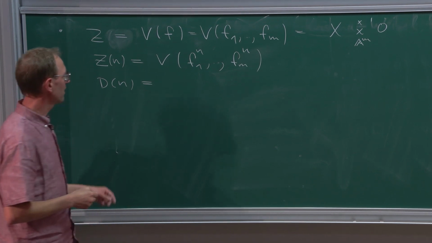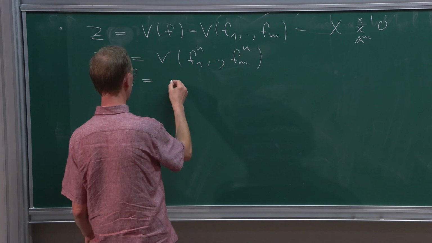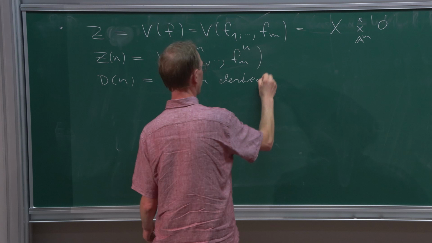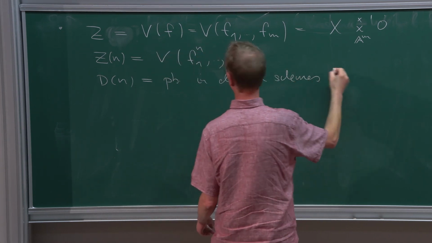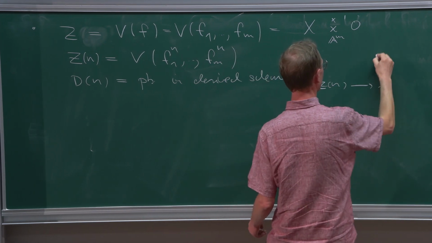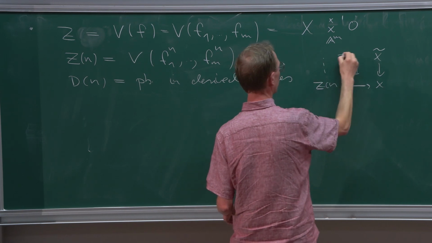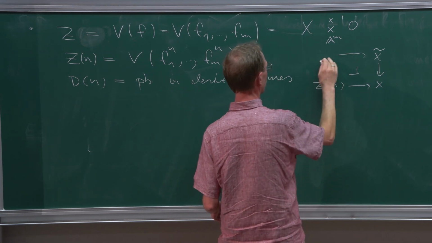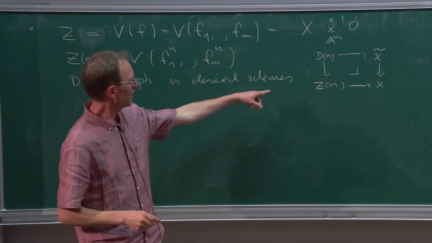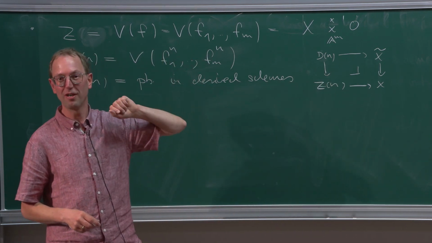These are simply defined again by the pullback in derived schemes of Zn, which maps to X, and then this blow-up X tilde, giving D_n. So these squares are all derived Cartesian. It's a bit different than in Thomason's setting, because in Thomason's setting this square was not derived Cartesian.